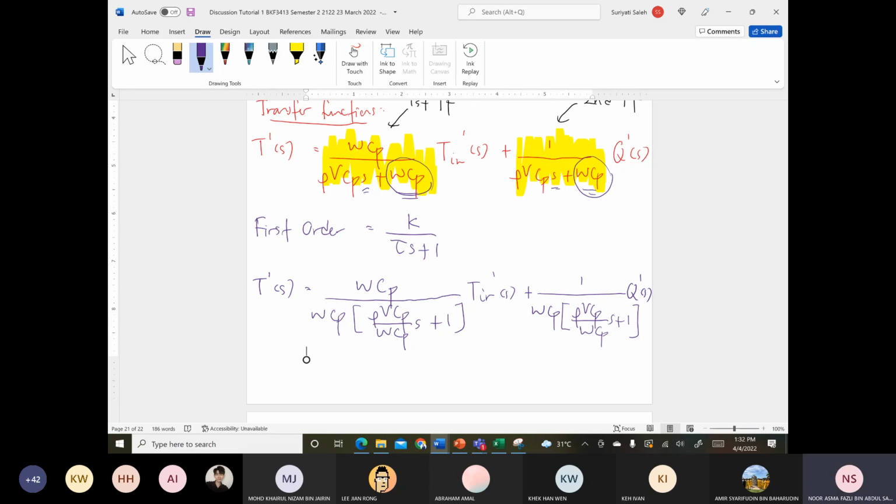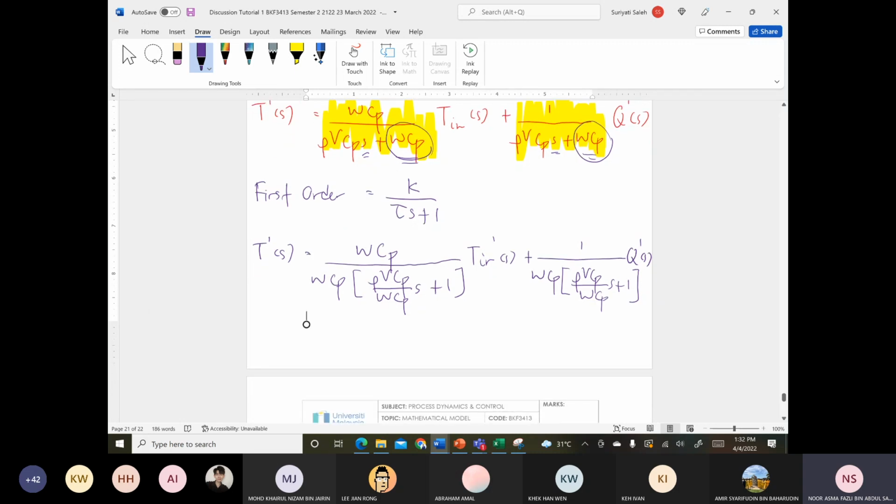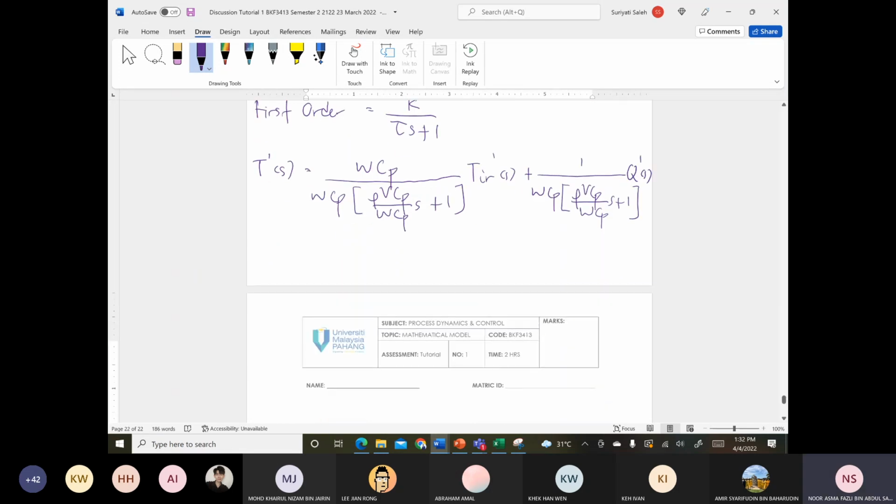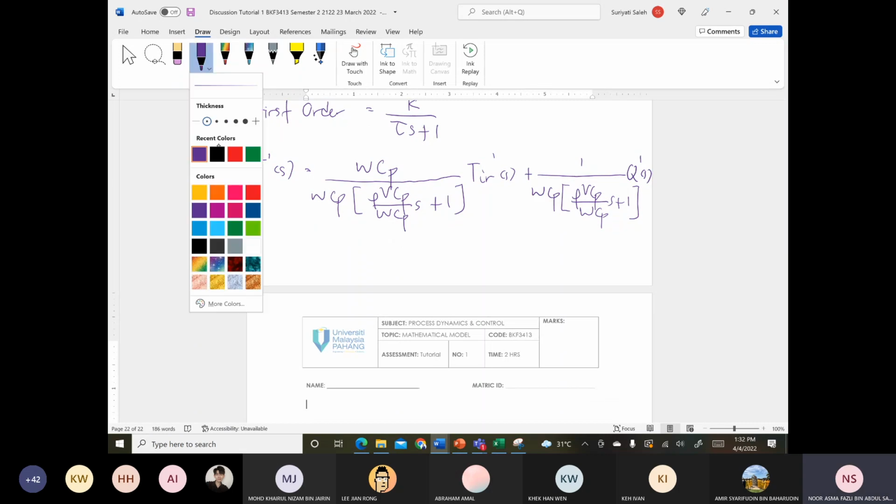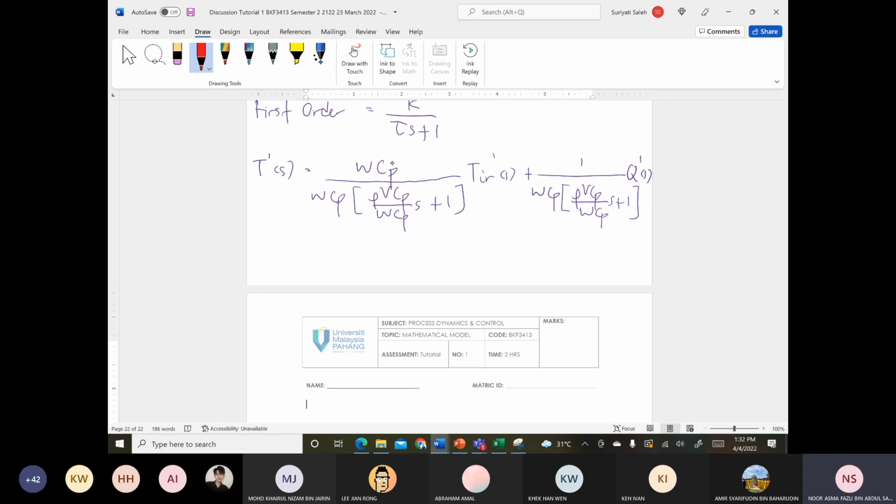So when I divide it to make sure it becomes plus 1, this is what I get. This equation can be further simplified, where here we can remove the WCP, the CP here can be removed, and the same goes with the right hand side, the CP here can be removed.